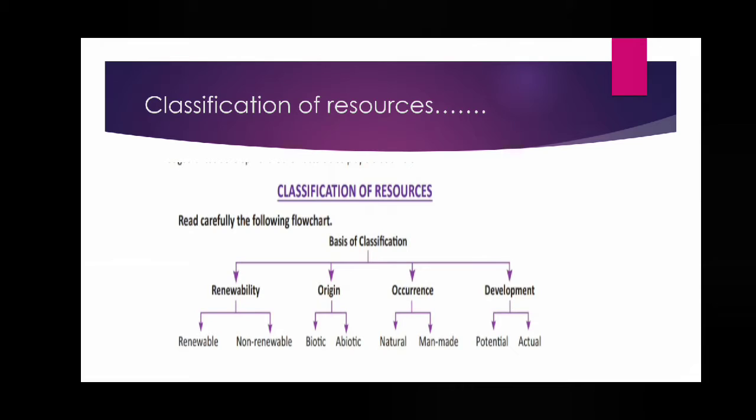Like coal, from coal we are generating electricity, that is called thermal power, and this thermal power is used by the maximum number of people in India. That means it is actual, developed. We know its potentiality, we are using according to its potentiality, that's why it is called actual.